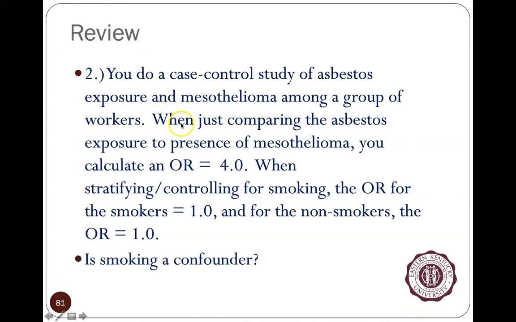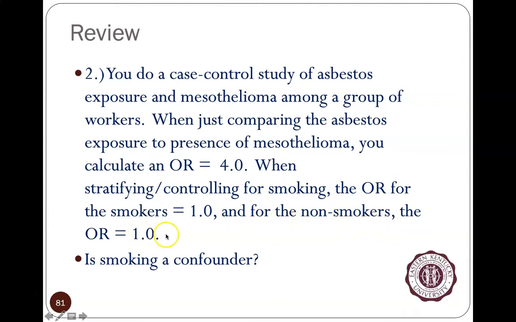Here in this example, you do a case control study on asbestos exposure and mesothelioma. When comparing the asbestos exposure to the presence of mesothelioma, we see an odds ratio of 4.0. Okay, so more asbestos, more mesothelioma. When stratifying or controlling for smoking, the odds ratio for the smokers is 1.0 and for the non-smokers is 1.0.